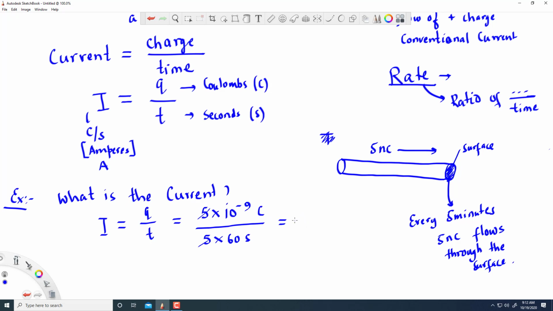So that's 1.67 times 10 to the negative 11 amperes. Okay, now that's a very small amount of current. So that's the current.